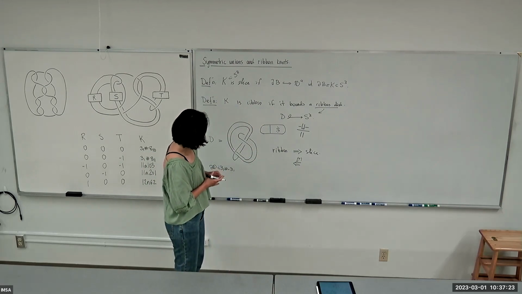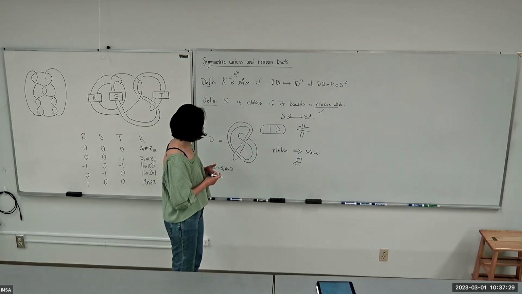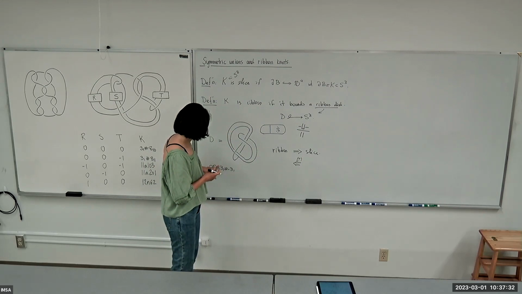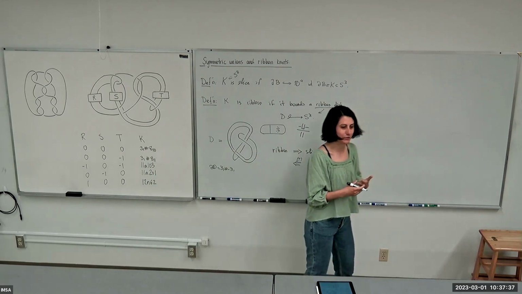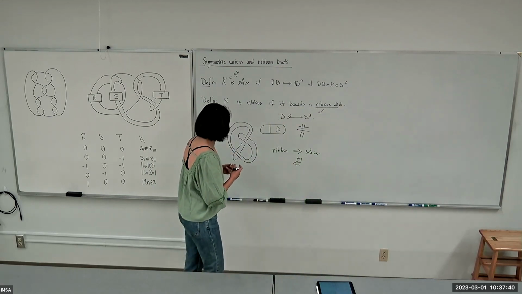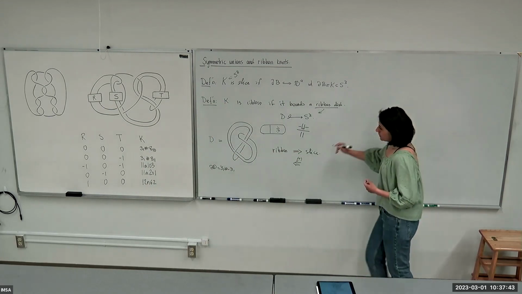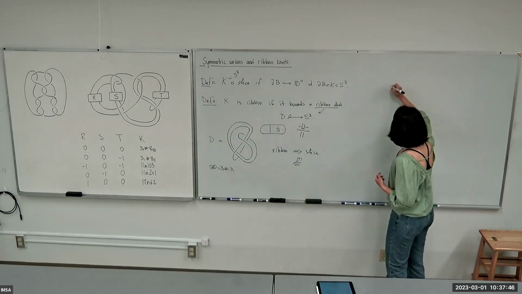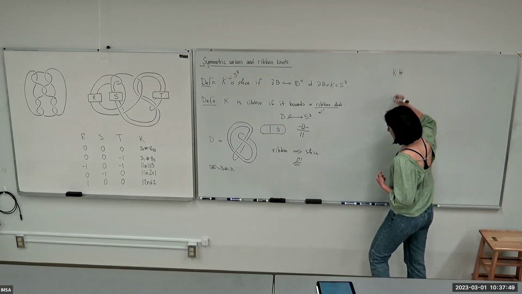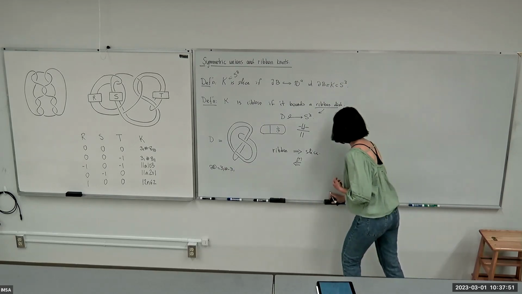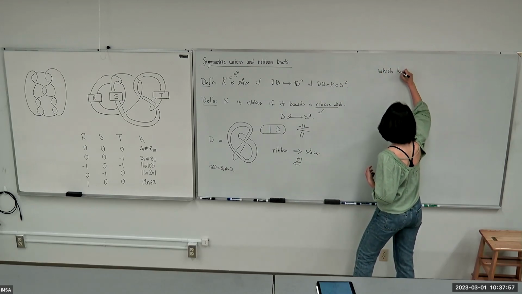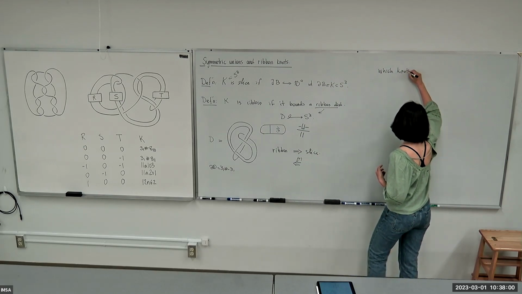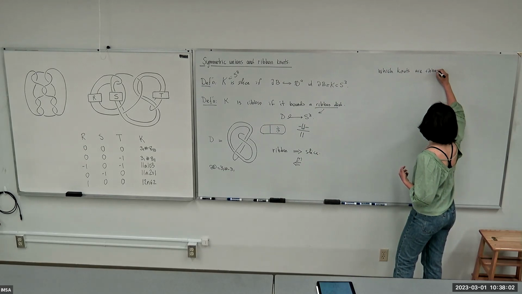I can draw ribbon disks and know the boundary is a knot, but as a knot theorist I would like a knot construction that will always give rise to a slice knot, or at least a ribbon knot. Which knots are ribbon?